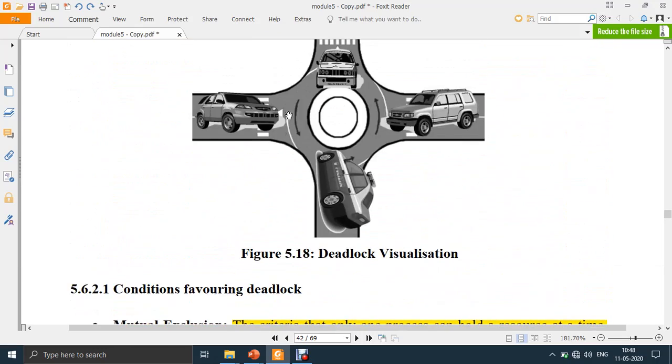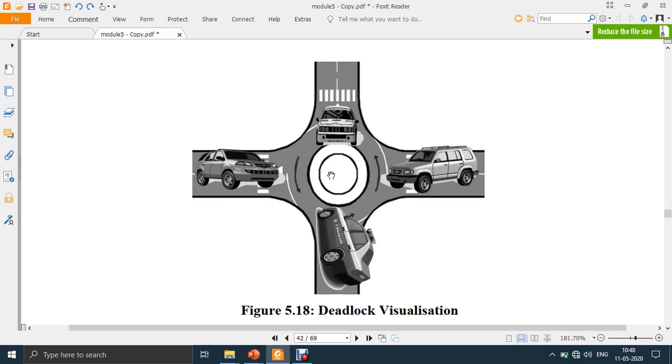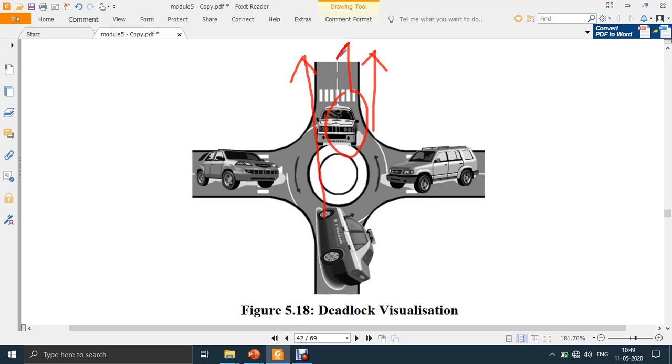If I go back here, once the traffic jam is formed at this junction, the only way you can remove the traffic jam is to back up all the vehicles in this lane. Back up means move the vehicles back, so that this lane can proceed and you can at least clear the traffic in this lane.